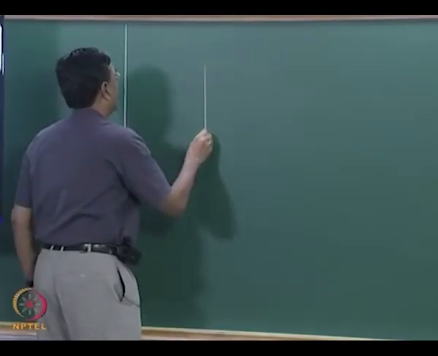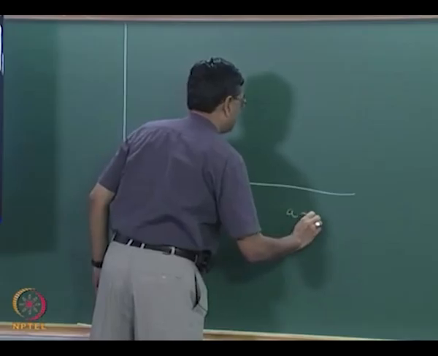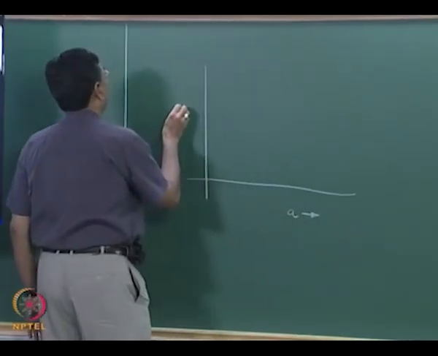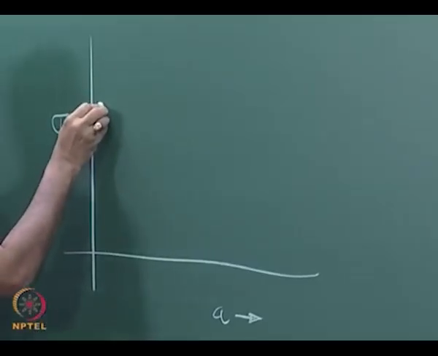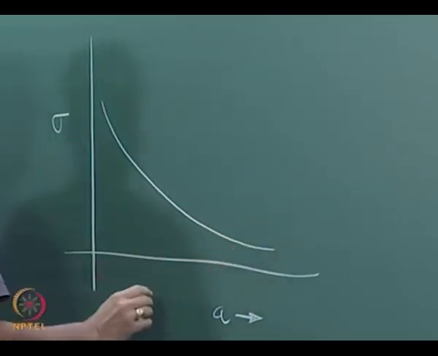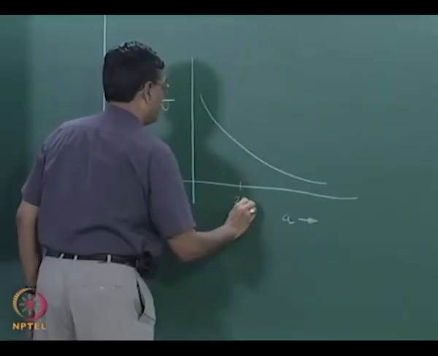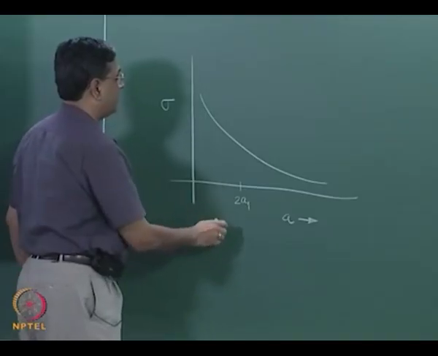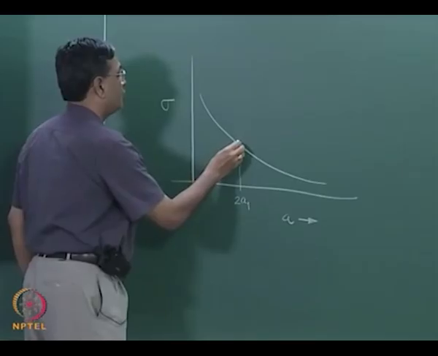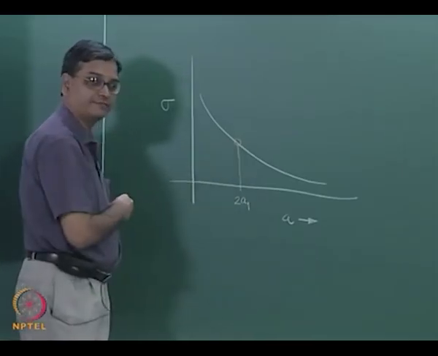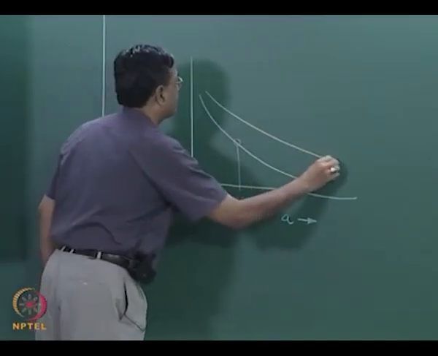So, I have a graph between crack length and stress, and you could have a graph something like this. Suppose for a crack of length 2a, let me say 2a1, at a particular value of stress you have crack initiation, and you could have another graph like this.